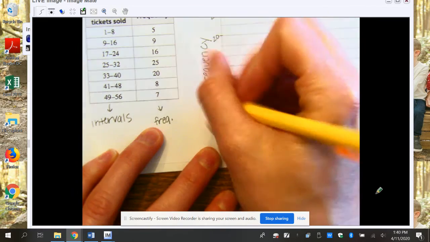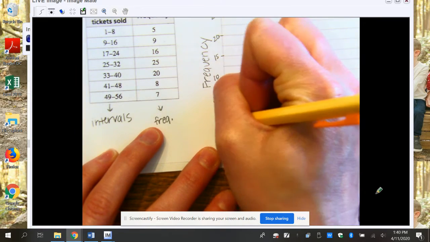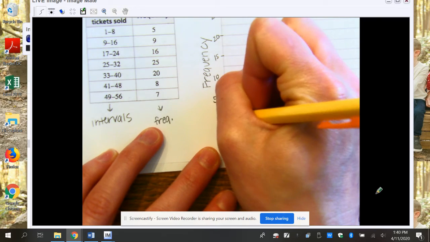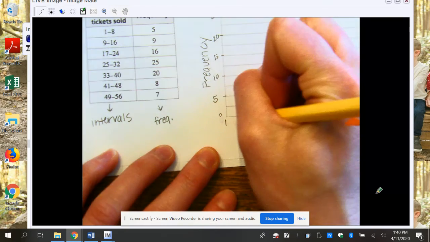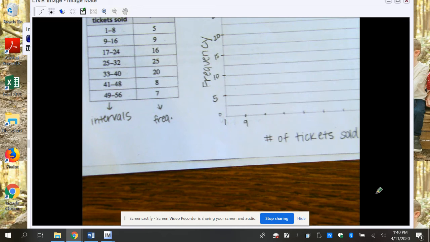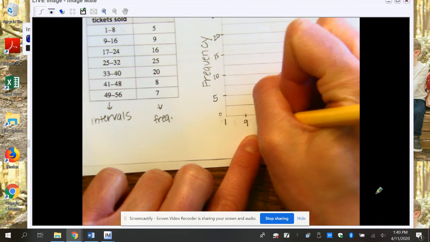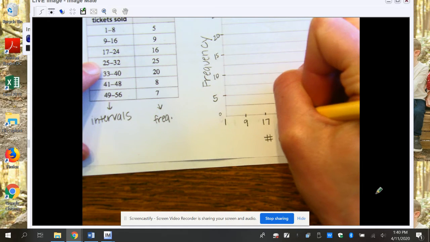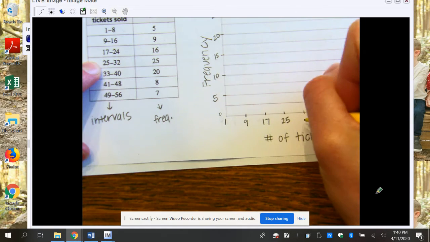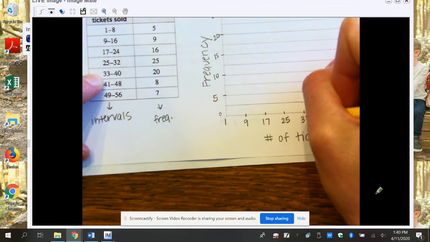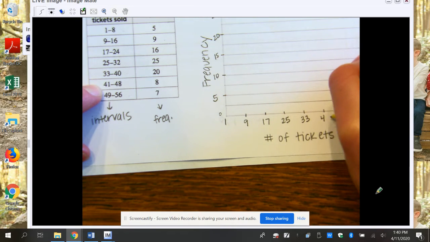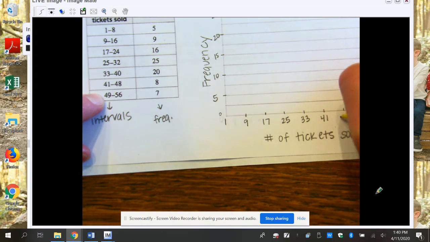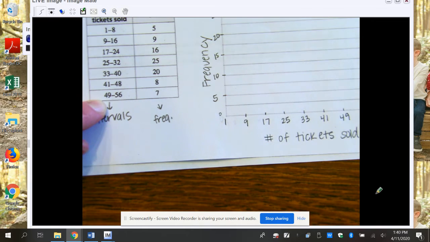My frequency would be 0, but this would be 1, and then I would write a 9 here. And then 17, 25, 33, 41, 49, and this last one would actually be 57.